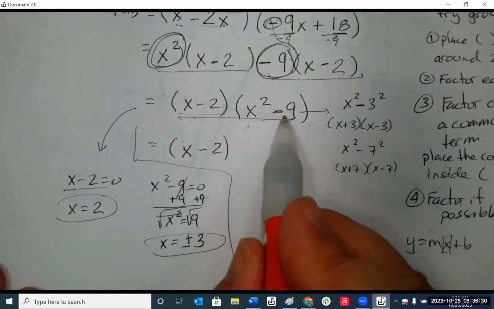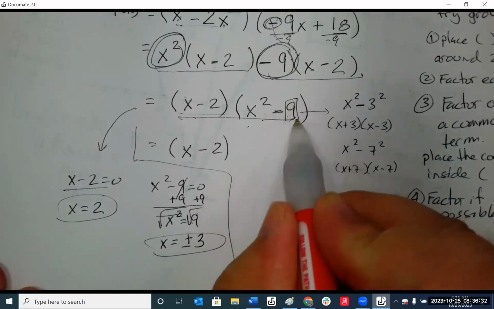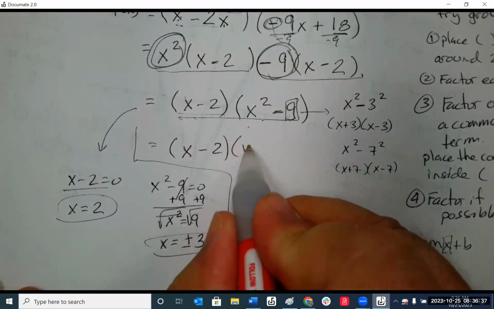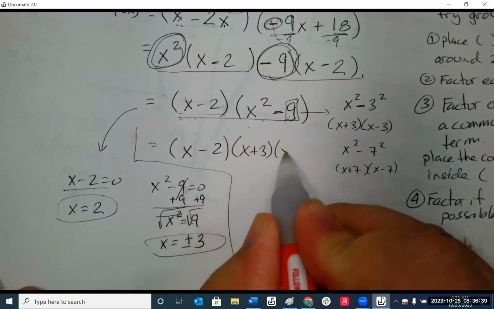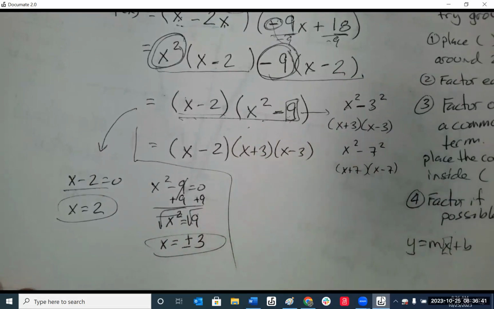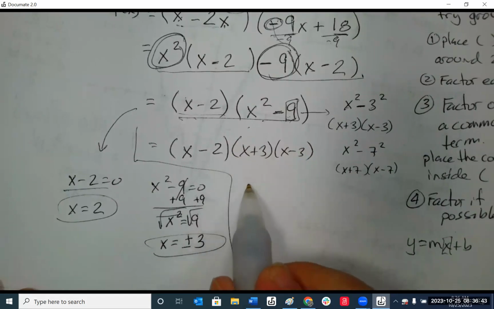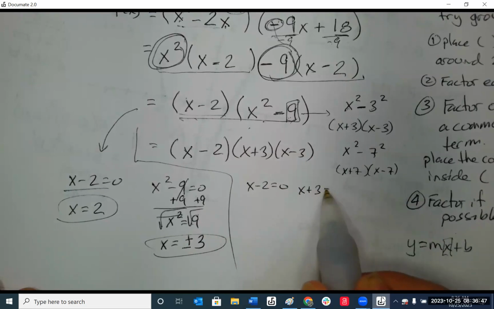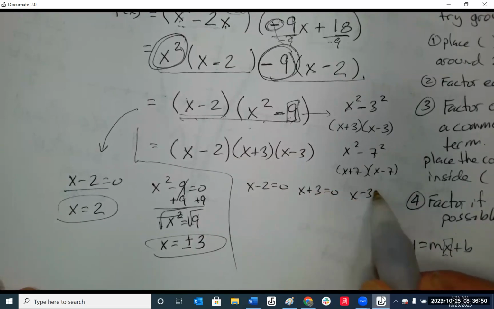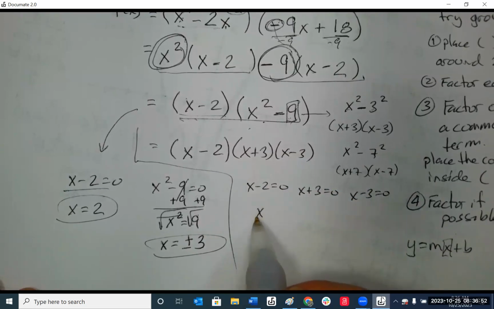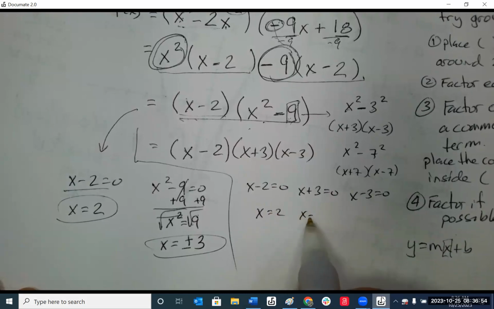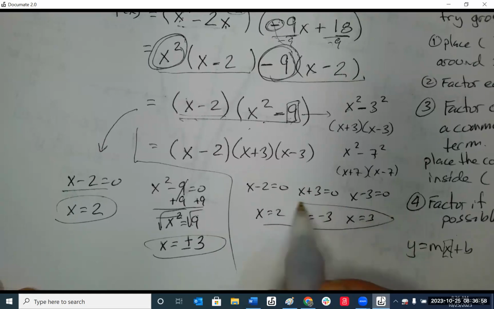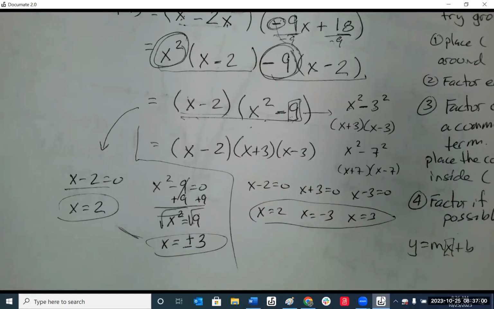Is this number a perfect square? Yes, it's made up of 3 times 3. So it's x plus 3, x minus 3. Now set all of those equal to 0. And we get x equals 2, x equals negative 3, and x equals positive 3, which is what these tell us.